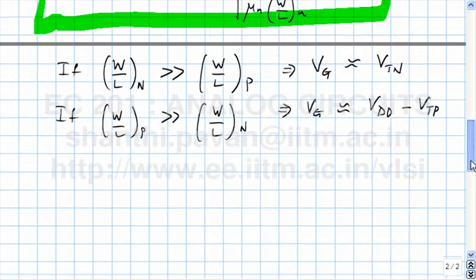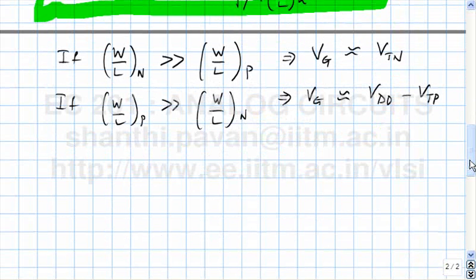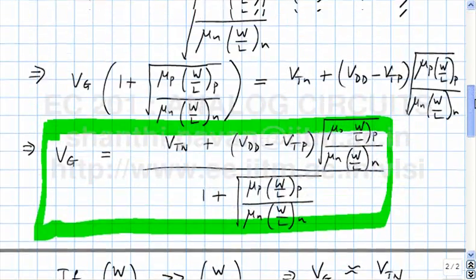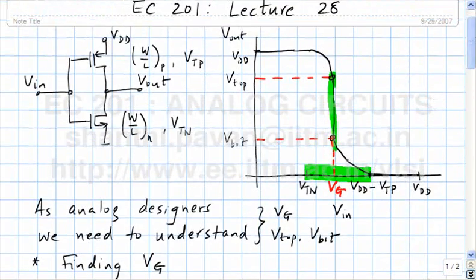If the W by L's are comparable, then the trip point will lie between VTN and VDD minus VTP. Straightforward.